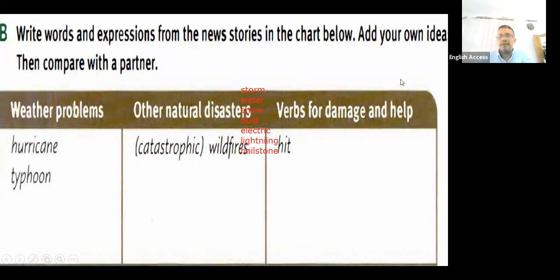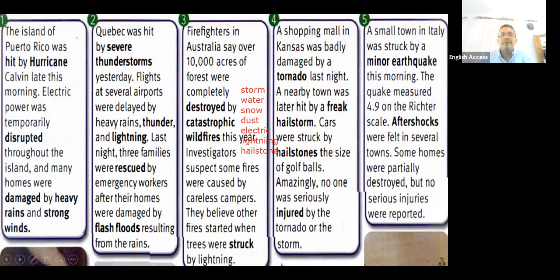You have an example here. Hurricanes, thunderstorms, lightning, and the verbs they use: hit, damage, destroy, etc.